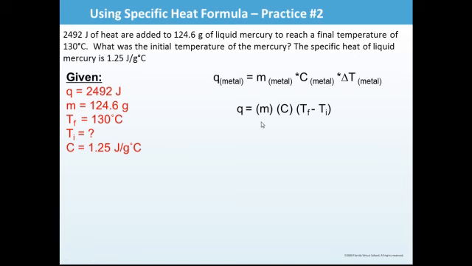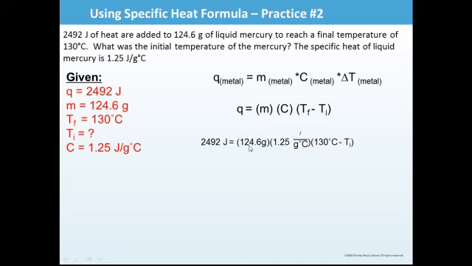Now what we can do is just plug in our values, Q, M, C, and TF, and that is what we get. 2492 joules equals our mass multiplied by our value of C multiplied by our change of temperature, but be careful because we only have this as final temperature right here, and then we have to keep TI the same.